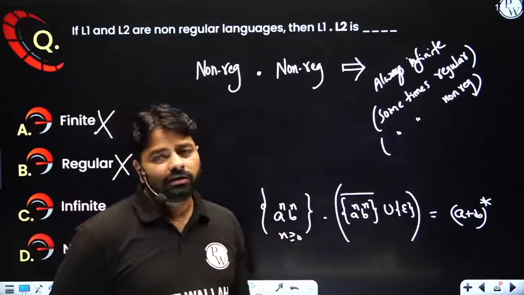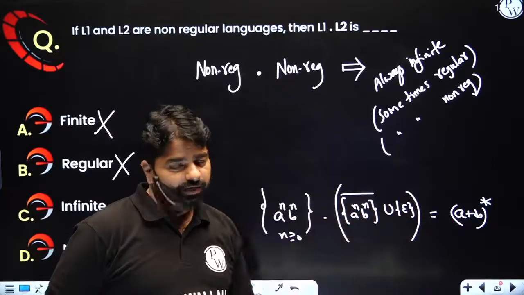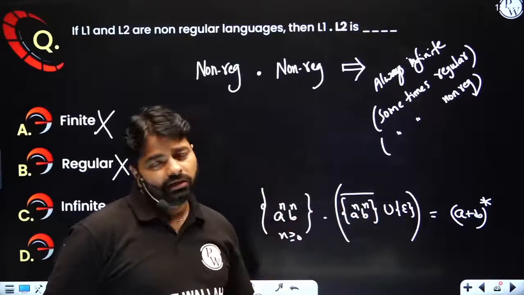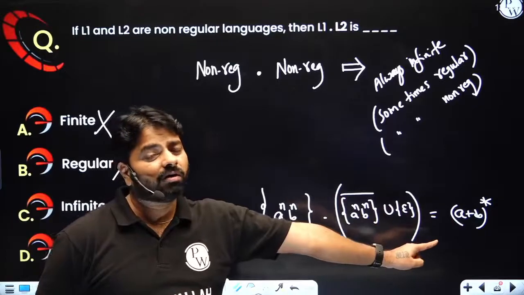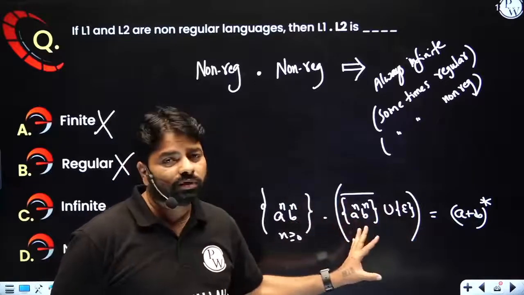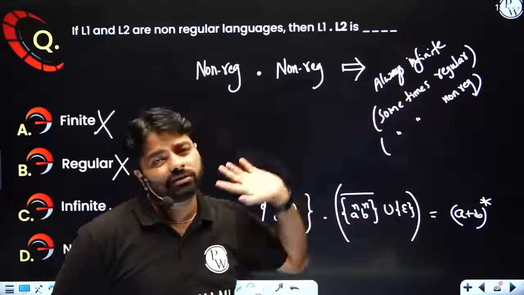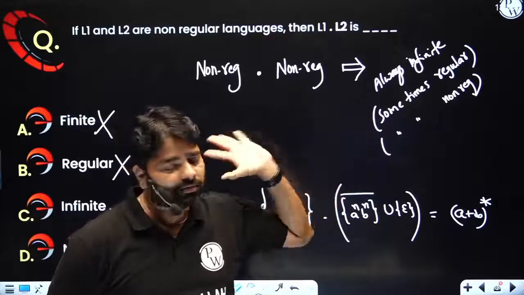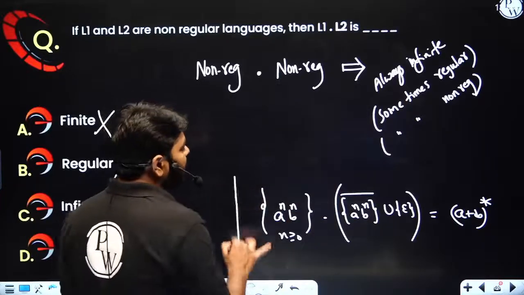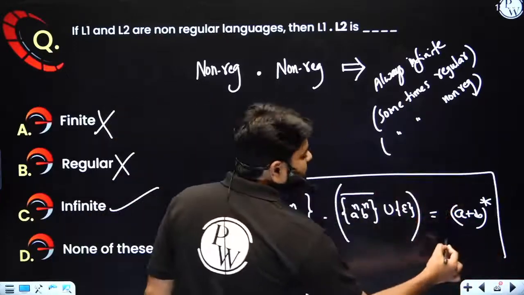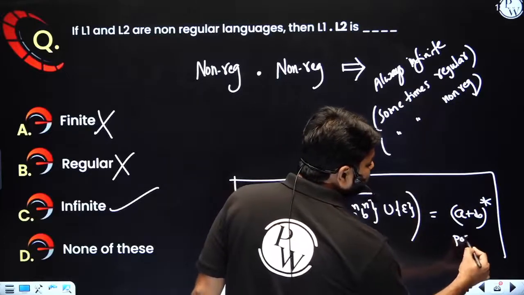Infinite dot infinite, there is a possibility of regular. Non-regular dot non-regular, there is a possibility. I'm not saying all the time, only sometimes. That's why I've written sometimes regular, sometimes non-regular. This is the best example I can show that yes, regular is possible, but not always.